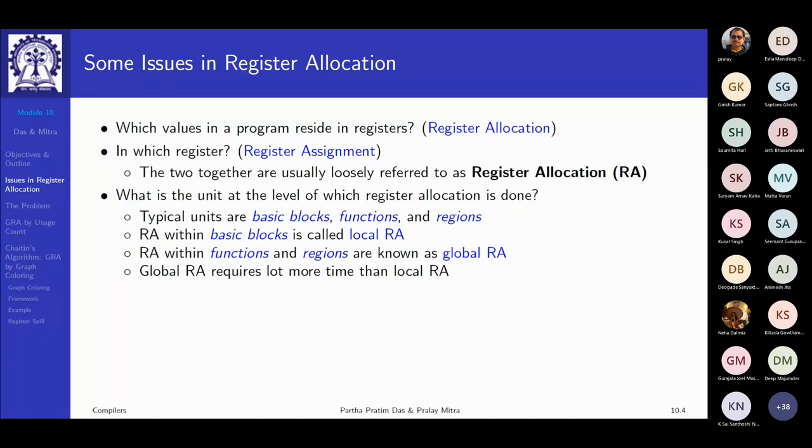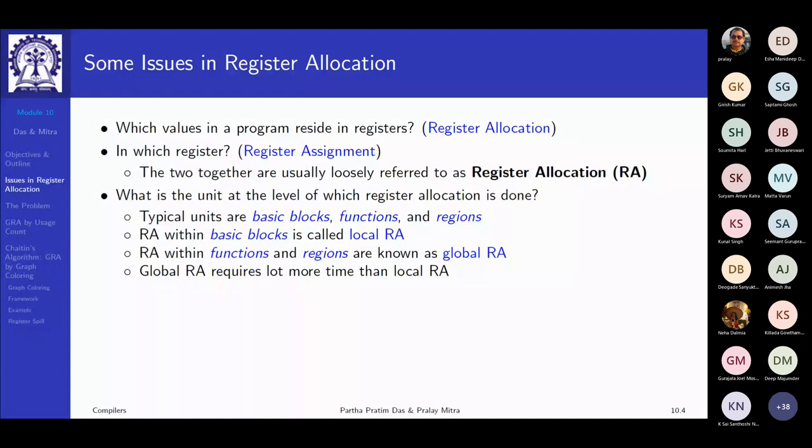Now, actually, for generating the code, we need something more specific. It is not enough to know that if there are three registers, R1, R2, and R3, variables X, Y, and Z will be in registers and all other variables will be in memory. It is not enough to just know that. We also need to know which is the register in which X will be, or which is the register in which Y will be.